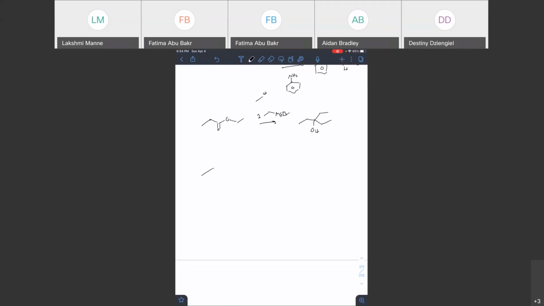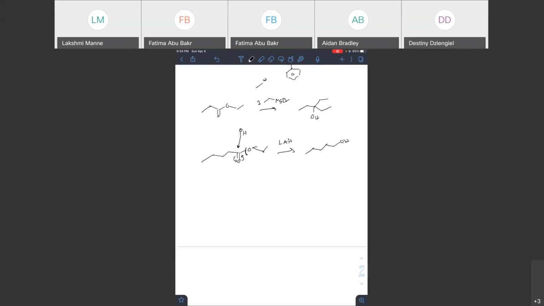So we have like this, and then reacting this with LAH gets us a hydride, H minus, attacking here. So what's that going to do? It's going to go up, it's going to go down, it's going to break off. So we're just going to get that, the primary alcohol. So that's the basics of that.